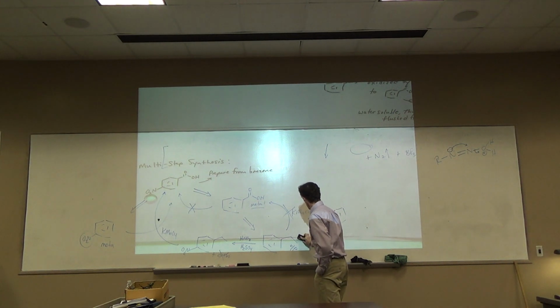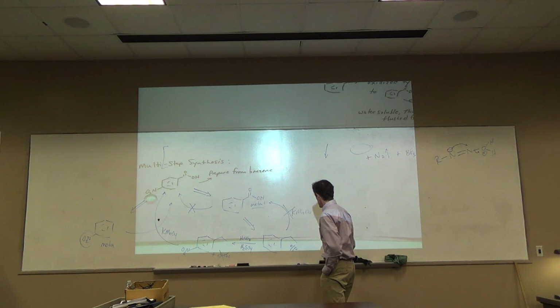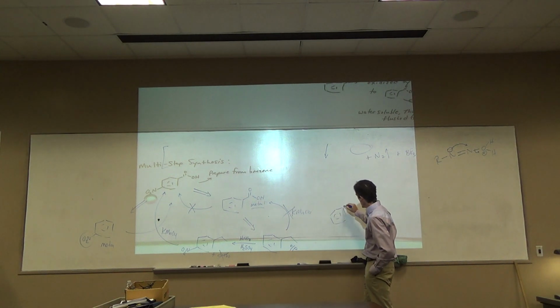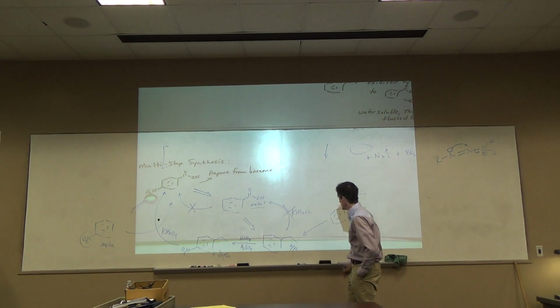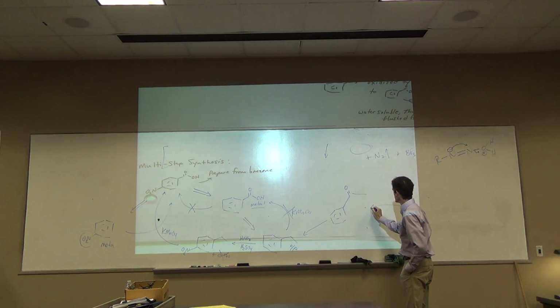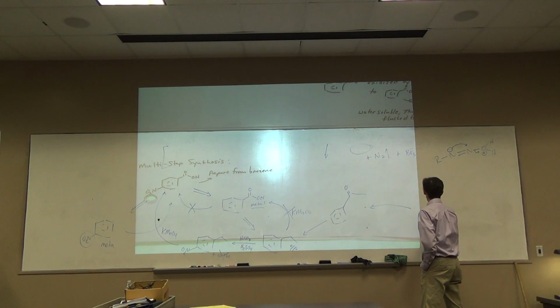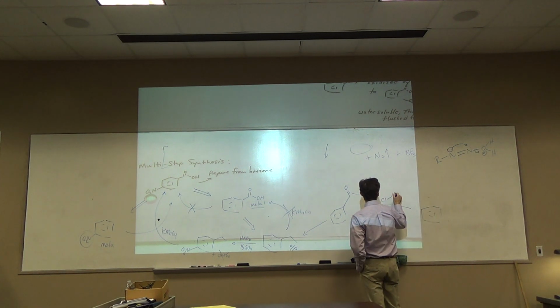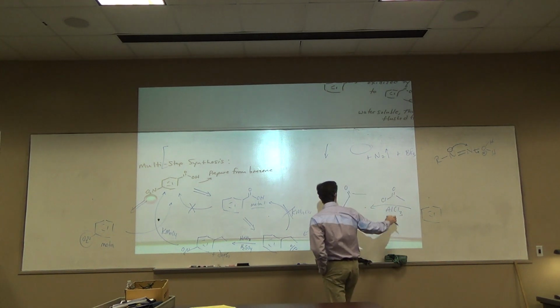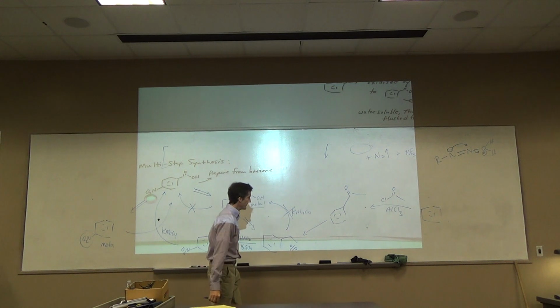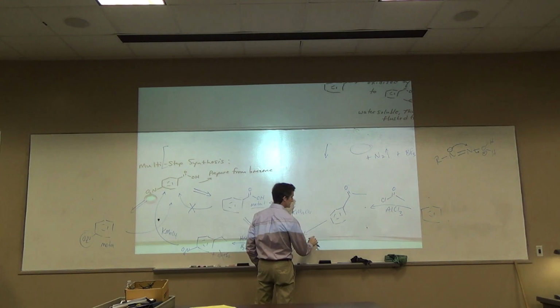I'm going to do this. We want to do a two-step route. Acylation, followed by what? Reducing.